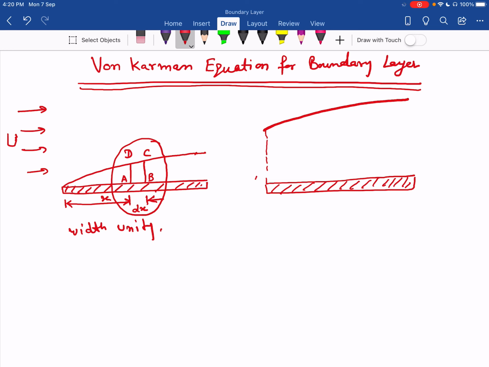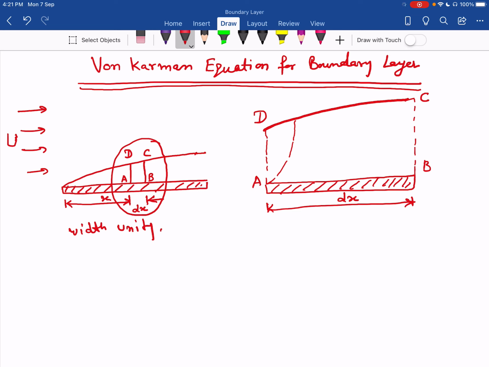So here we have A, okay, this is D, and the velocity profile, that is something like this. Okay, so this is B point and this is C point, and this is length of the elementary part, that is dx.